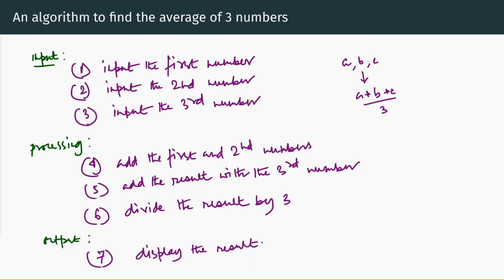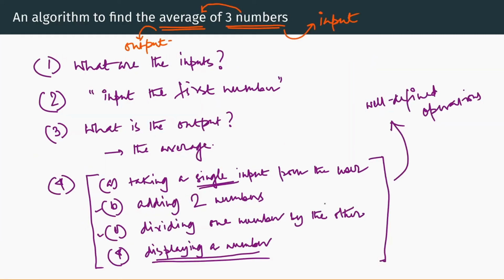By the way, just to clarify something: in this example, we said that a computer can take a single input from the user and can add only two numbers. These are just examples that serve as well-defined operations. But in real life, at least in Python, you can definitely add more than two numbers.